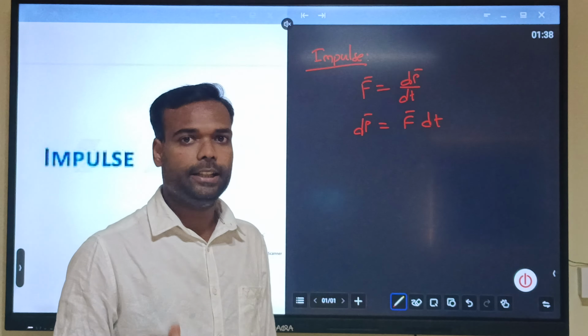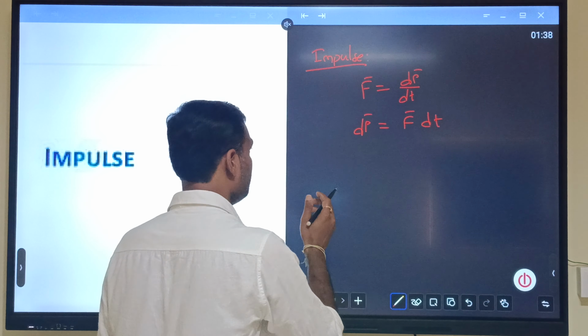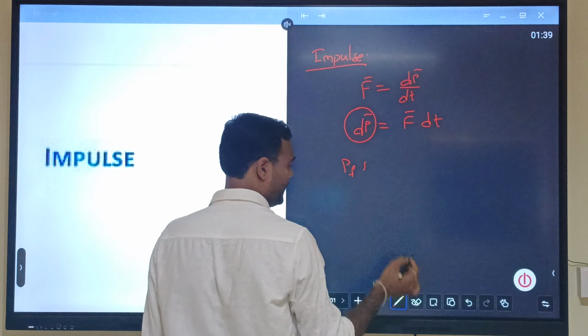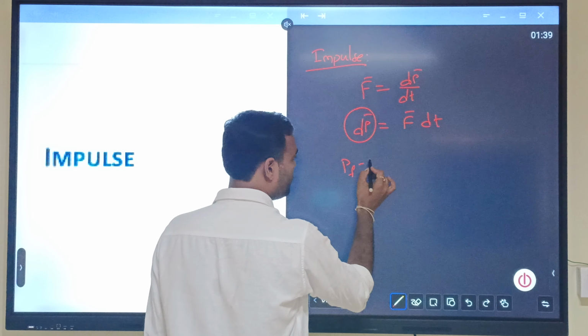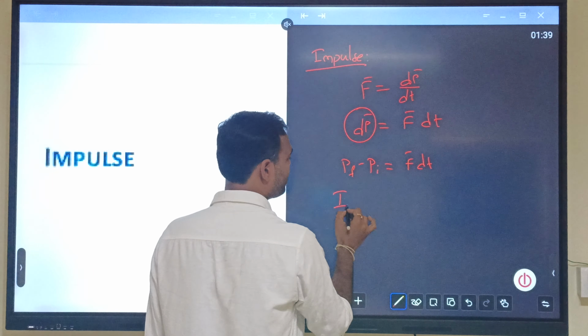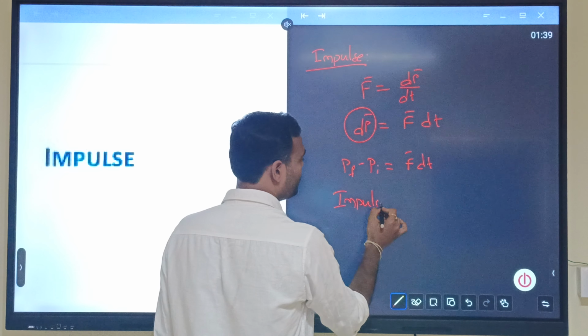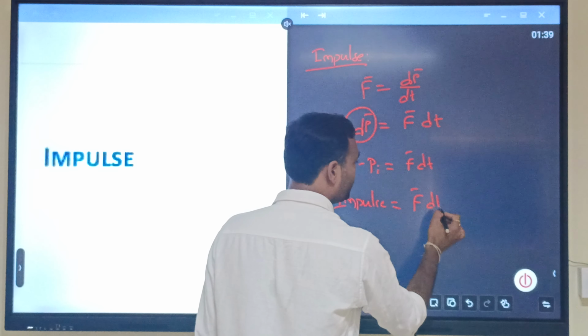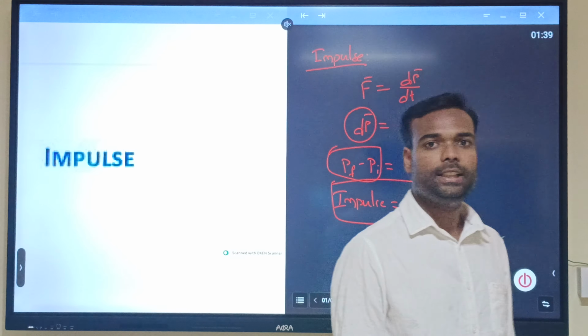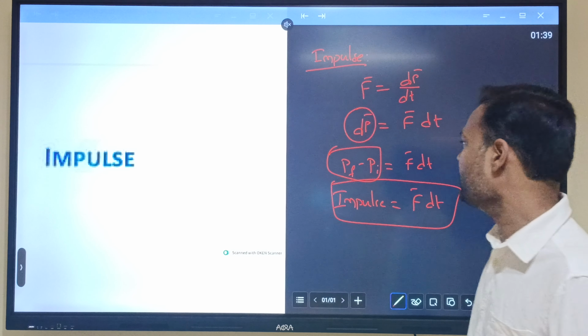This change in momentum, pf minus pi, is known as impulse. So impulse is equal to force into dt, or impulse is equal to change in momentum.